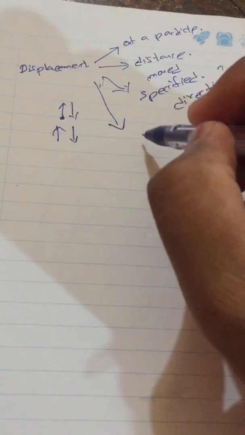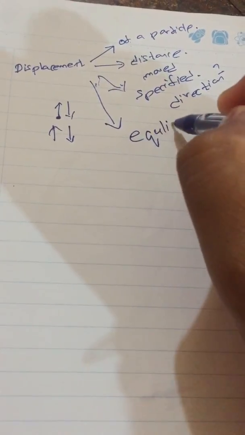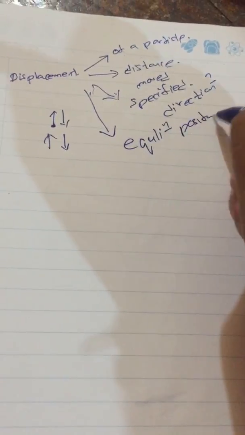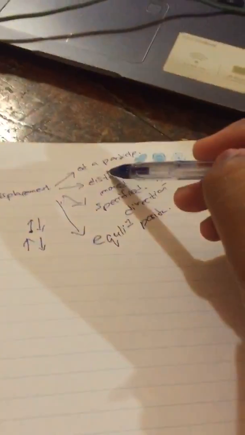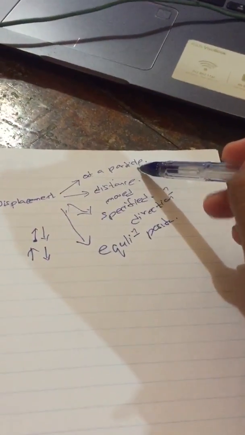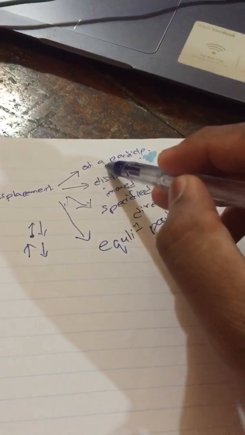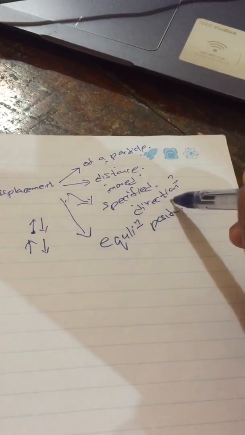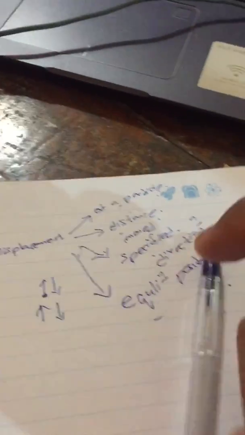The fourth important one is the equilibrium position. So there are four aspects to the definition: displacement is the distance moved by a particle in a specified direction from the equilibrium position. That's what's expected in this question.